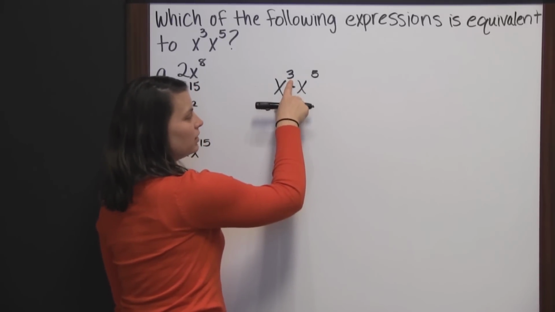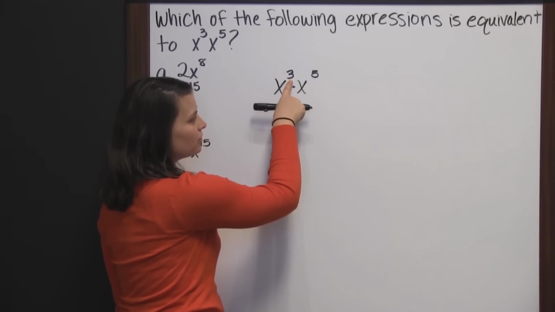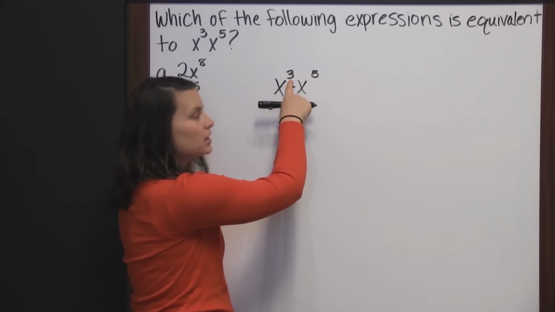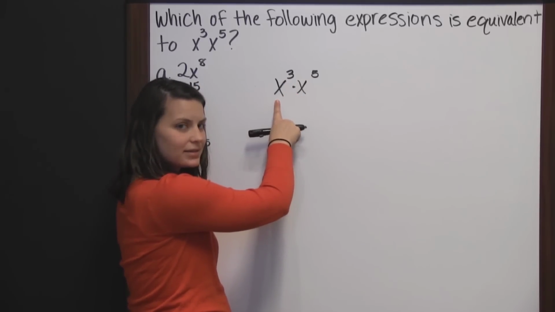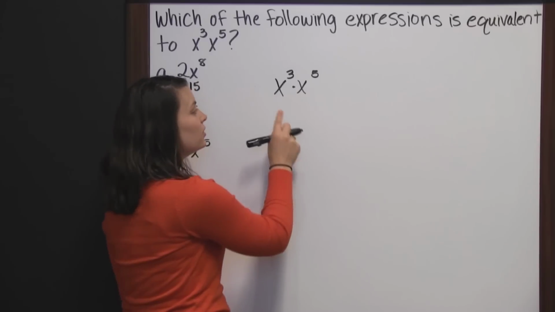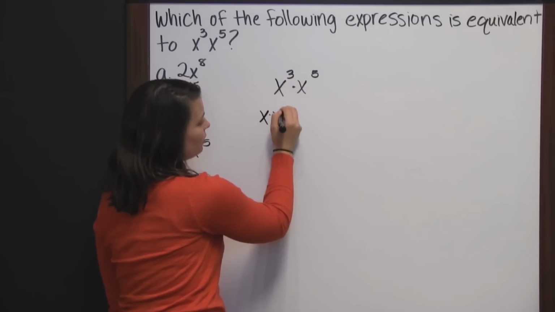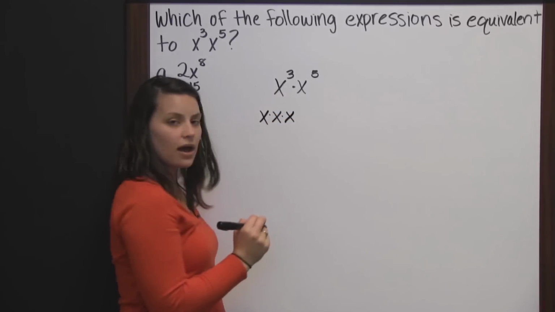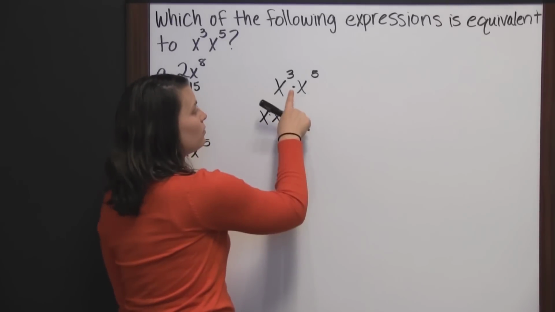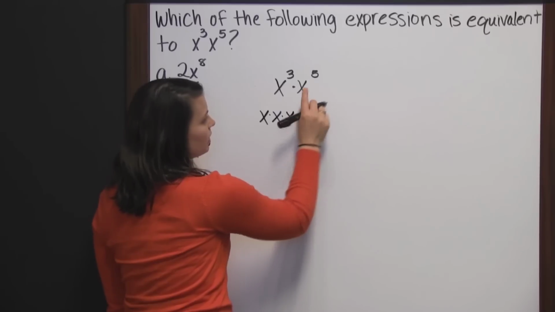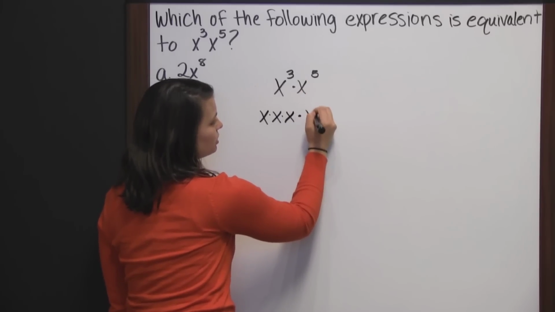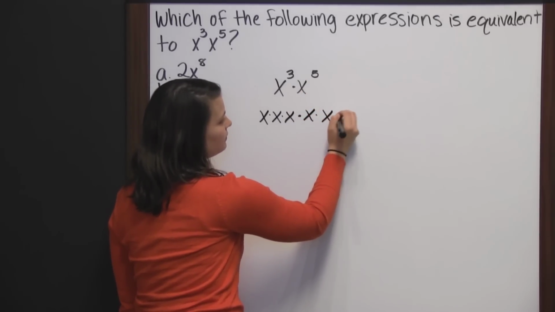And an exponent simply tells you how many times to multiply the base times itself. So x cubed means we're multiplying x times itself 3 times. And then we're multiplying that times x to the 5th, which is x times itself 5 times.